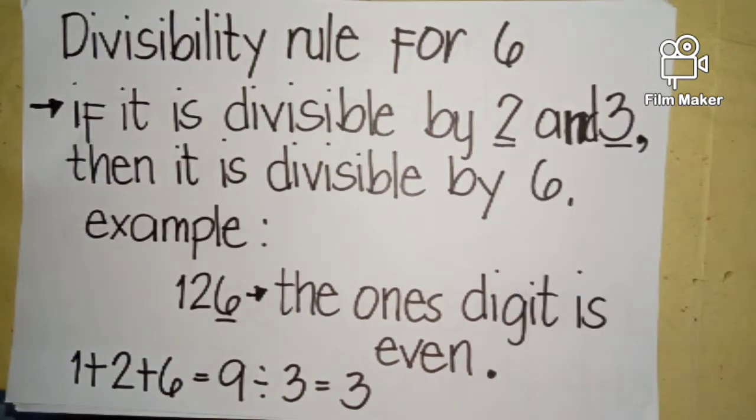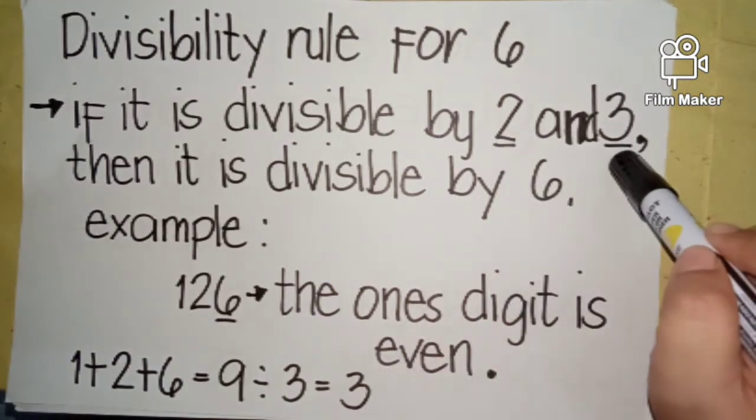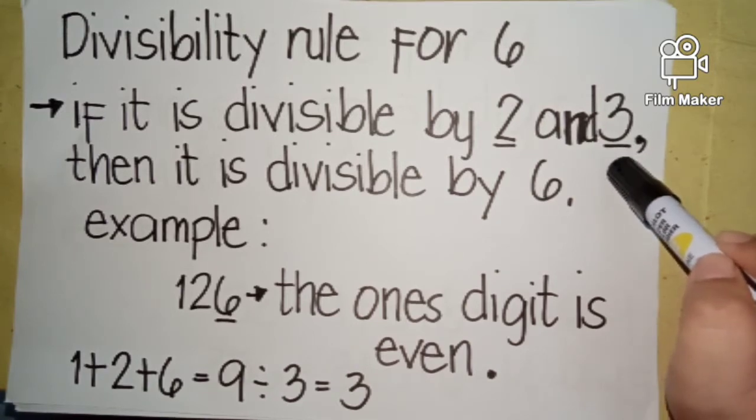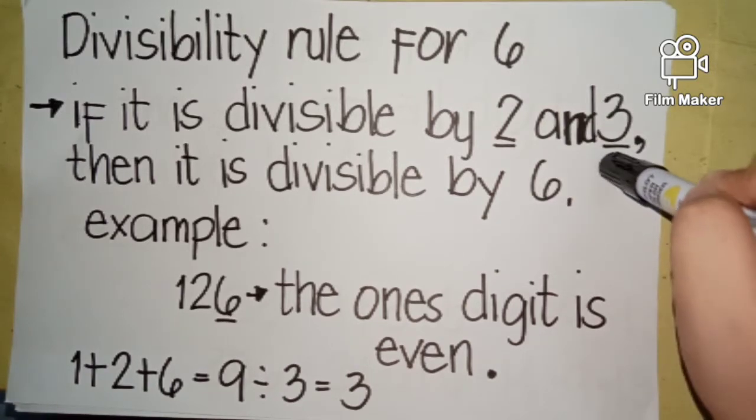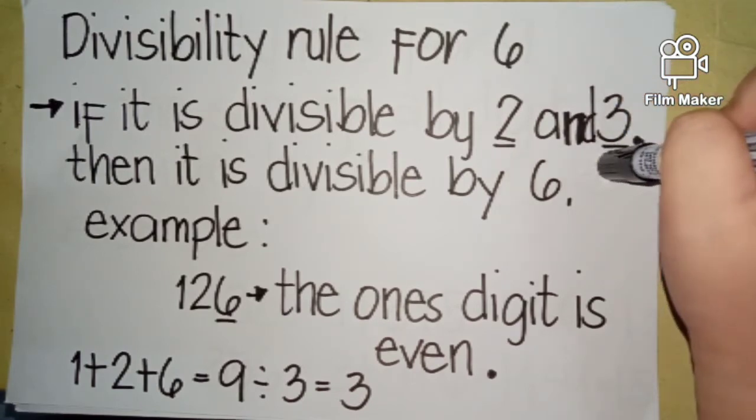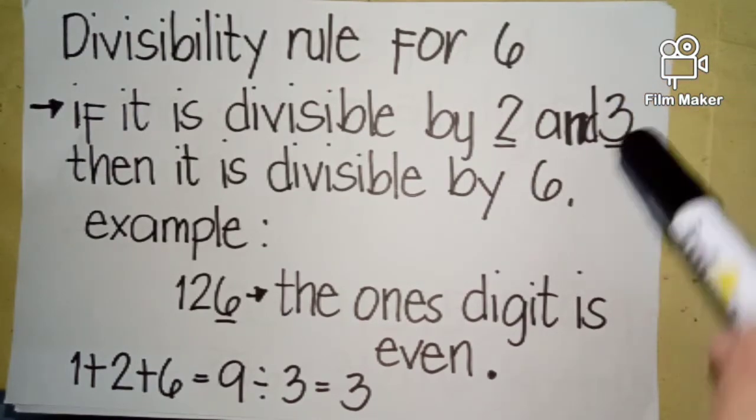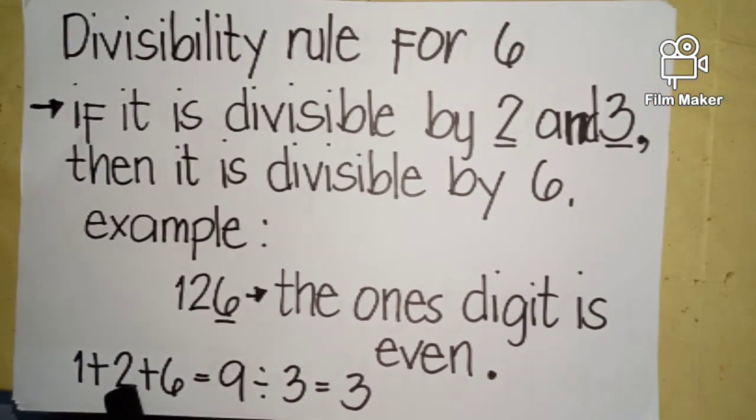Okay, let's find out. The rule for divisibility by 3 is to add the digits of the given number. So 1 plus 2 plus 6 equals 9. Then 9 divided by 3 equals 3.